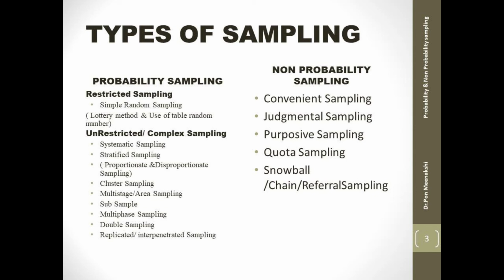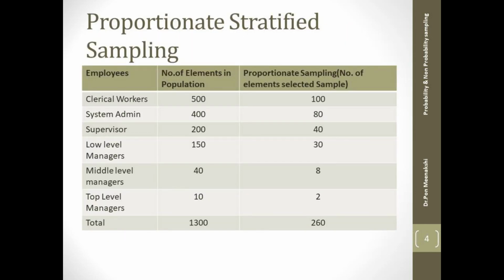Now we'll move on to stratified sample. As I said earlier, strata means group. So the population is divided into different groups. For example, a human resource manager wants to assess the need of training for employees working in an organization.